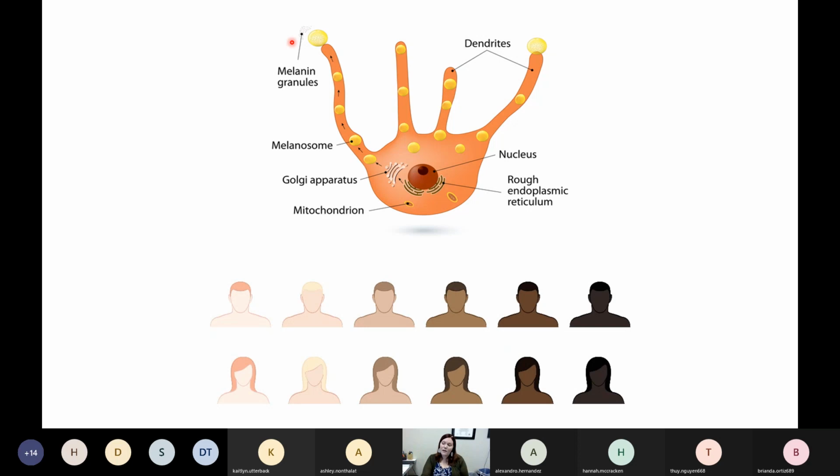Keep in mind, though, melanocytes can work somewhat quickly. They can build melanin relatively quickly, but you still always started with an initial UV exposure. We had the potential to damage our DNA to get those melanocytes to get active.